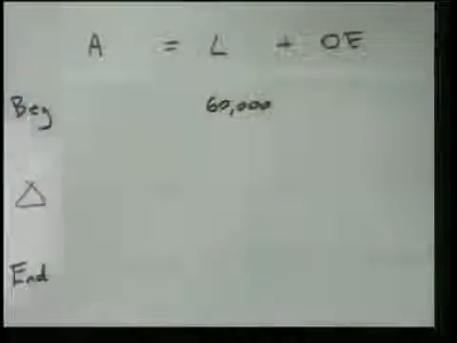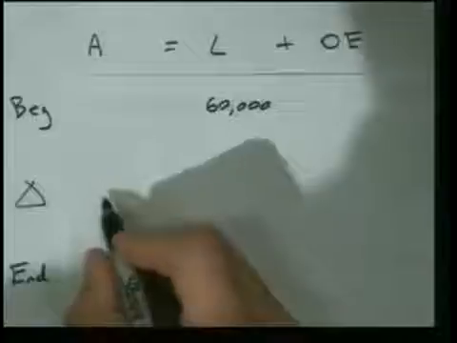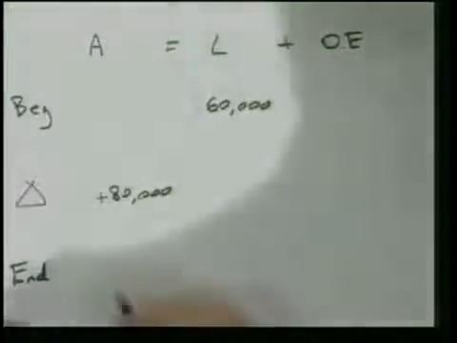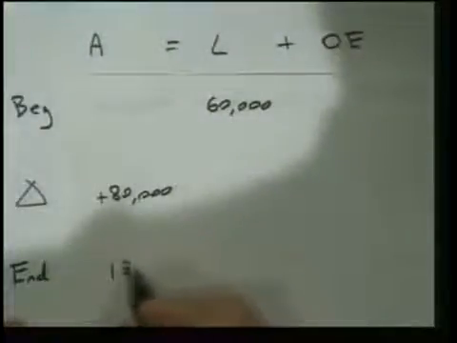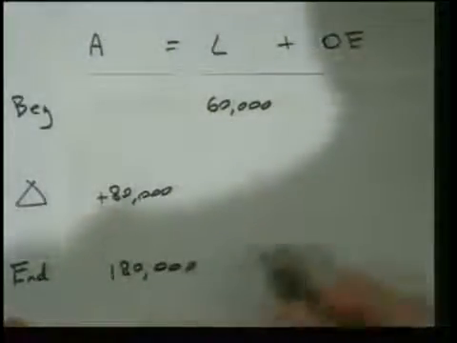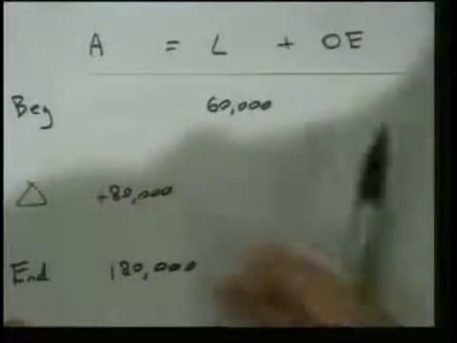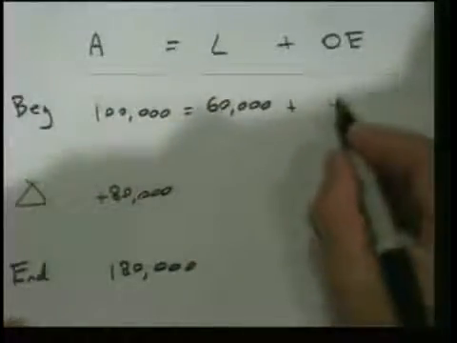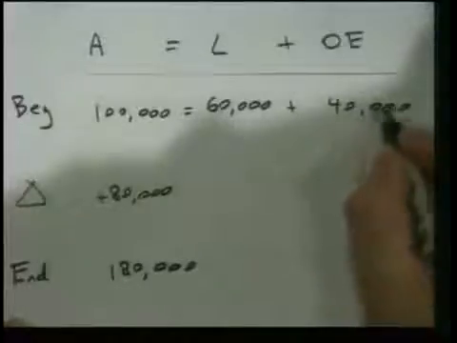During the year, assets increased by 80,000. And at year end, the assets equal 180,000, right? Okay, well, let's start filling in what we know. What plus 80 equals 180? This is 100, right? Well, that equals that plus what? 40. Okay.